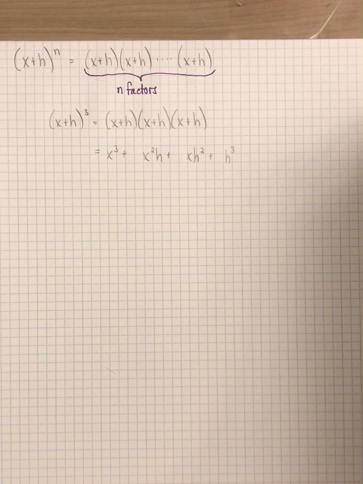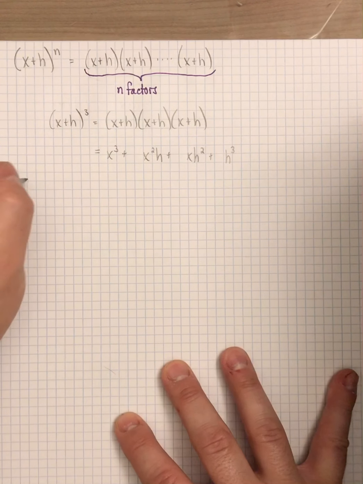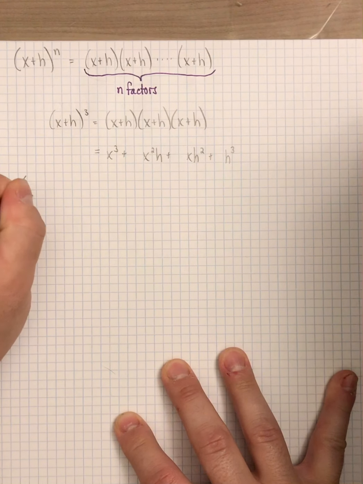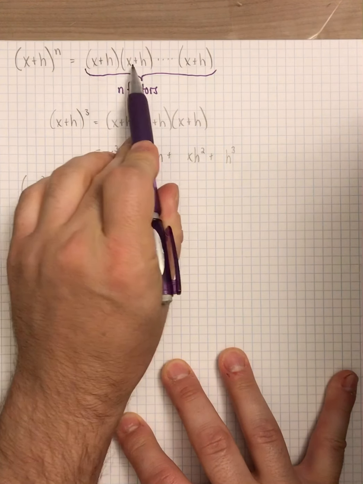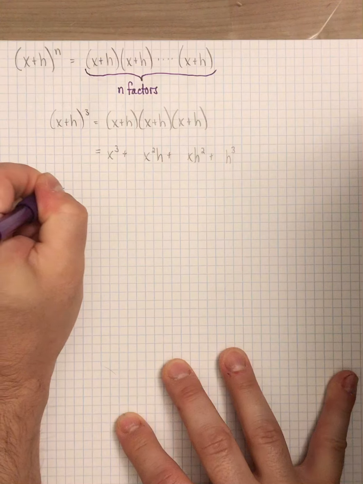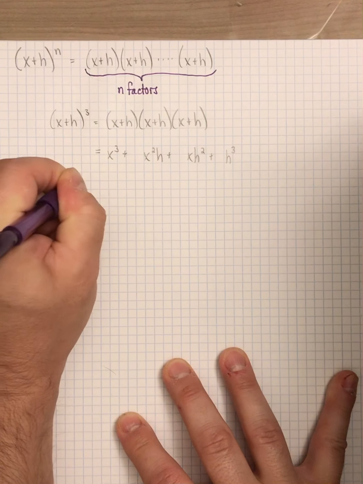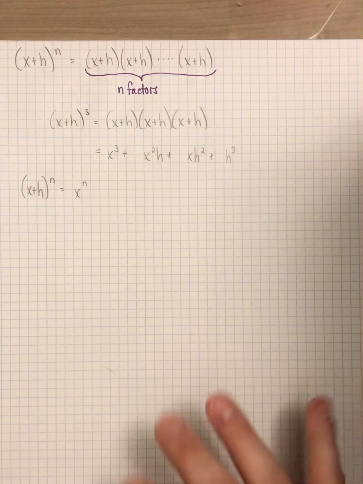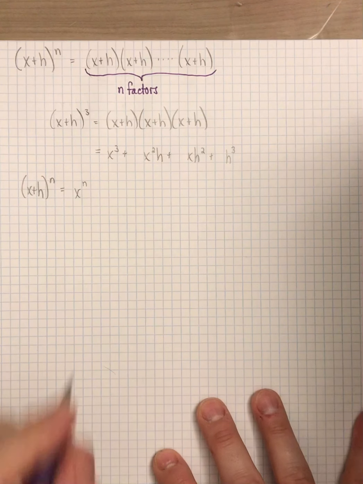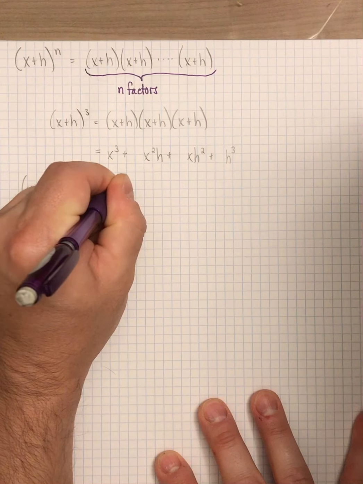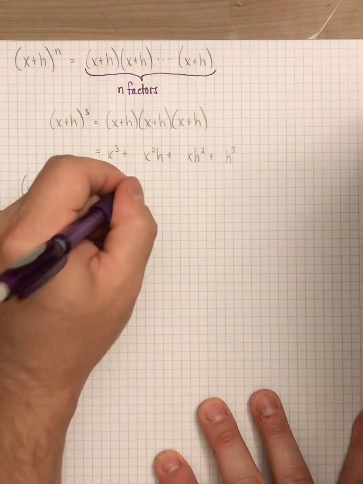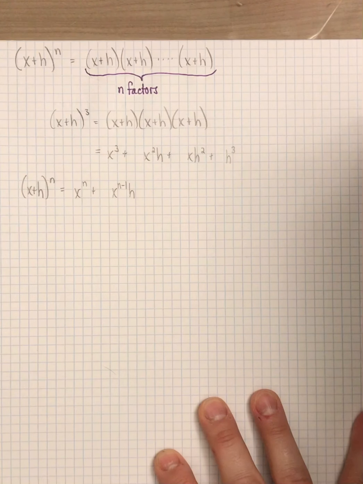In general, what we have then is that x plus h to the n, with its n factors, can work like this. I can choose all n factors to be the first term x. Or I can choose all but one of them as x, and the last one as h.